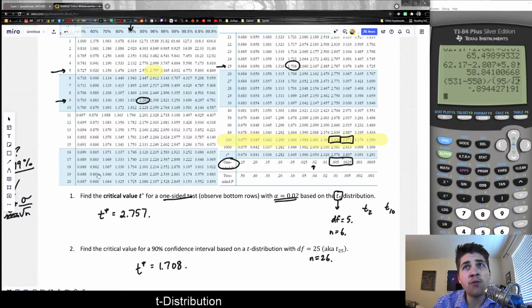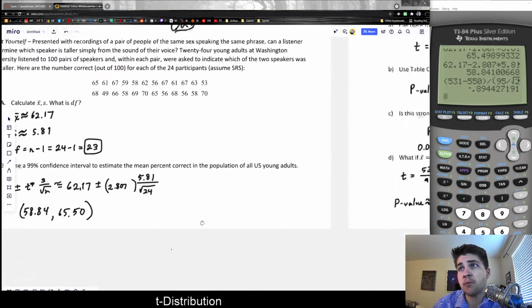So 0.894, remember how we do this one is we don't know exact values of p, but we can have an estimated range because our t-values are all along this row here. And we just look for, well, where is our number between? Our t-value that we obtain, 0.894, is between 0.86 and 1.01. And so since this was a one-sided test, this would place us somewhere between a p-value of 0.20 and 0.15.